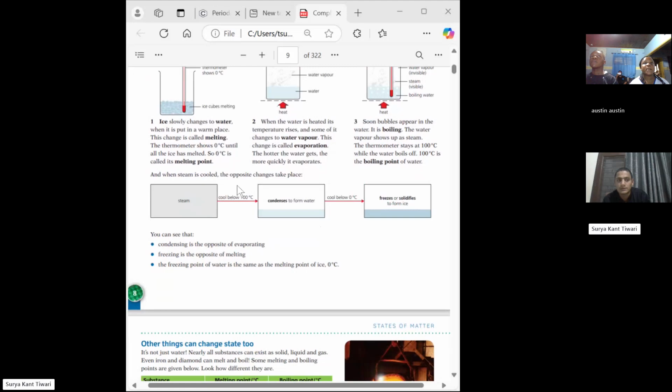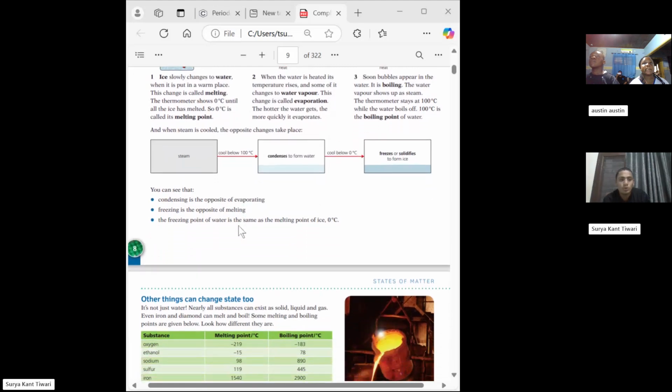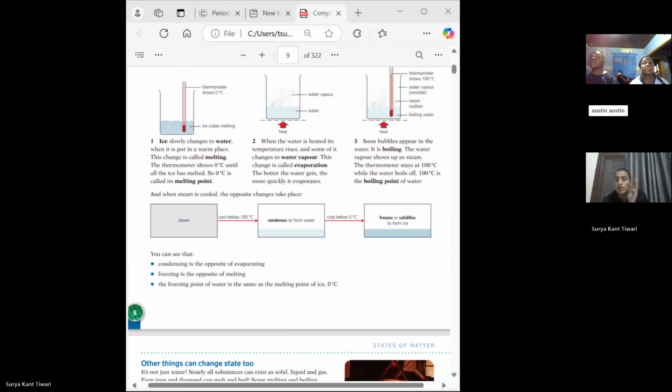And there are three processes. What is the process called when water becomes vapor? Evaporation. And what is the process called when water turns into solid?